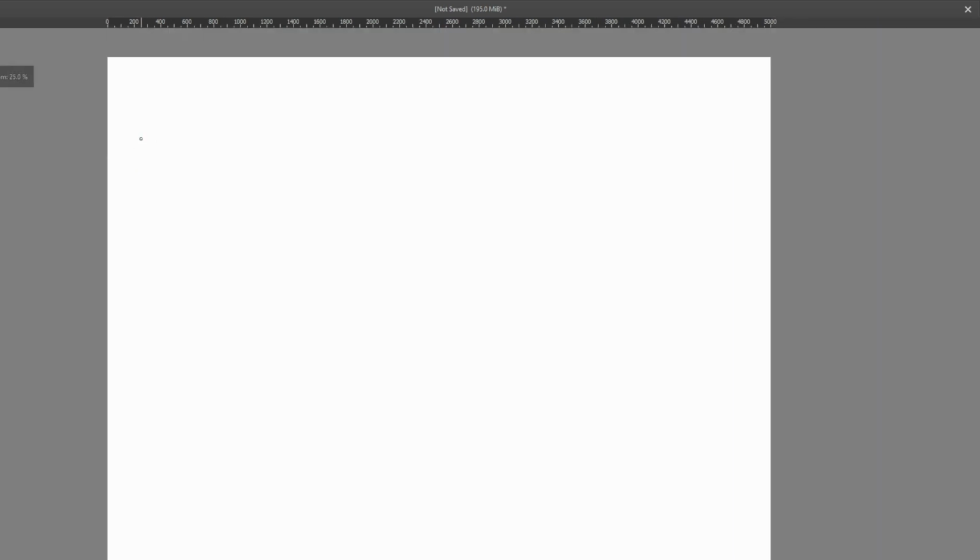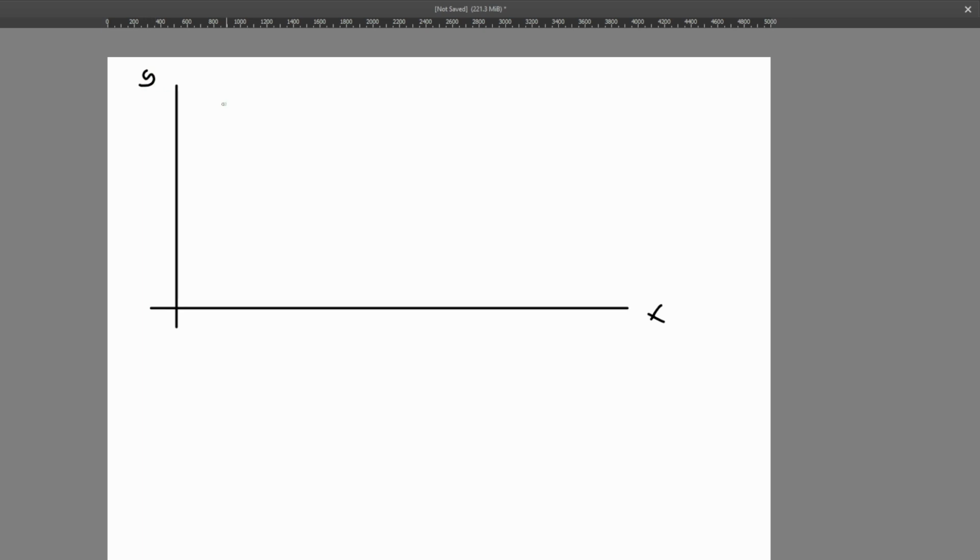Alright, so to do this, let us give an example. Again, let's say we have a random function like this, and this time it's just an algebraic function with respect to x, and on the y-axis I'm just going to say it's the function y equals f of x, and let's say it has a random graph like this.